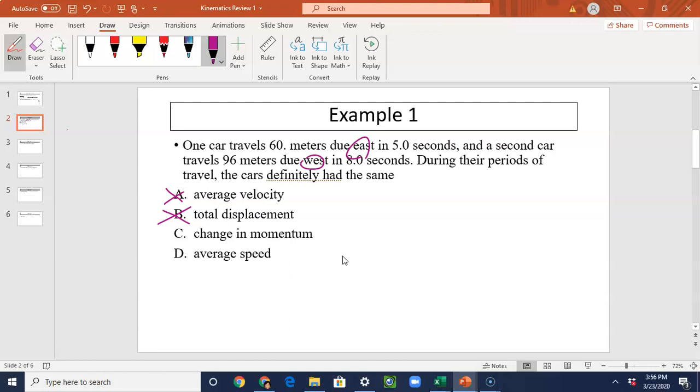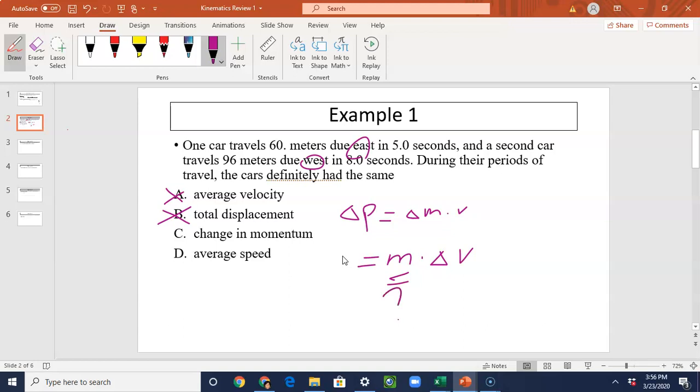Choice C is change in momentum. What's change in momentum? If you look at a reference table, we use p for momentum. Delta means change. Momentum is defined as mass times velocity. We know mass doesn't change, so it's mass times change in velocity. So what is the mass? We really don't know how one car's mass compares to the other car's mass.